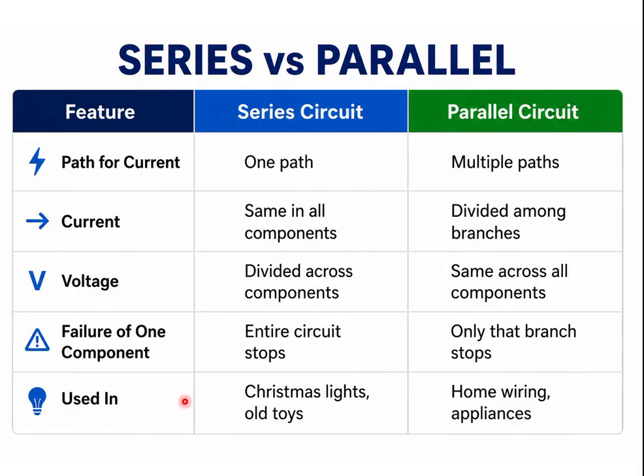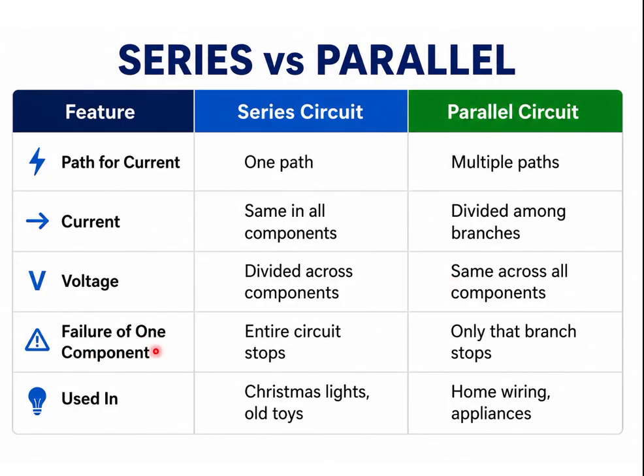And we are going to have a little comparison between series and parallel circuits. Path for current: series has just one path, parallel has multiple paths. Now current, the same current flows in all components in case of series, while in parallel, it is divided among the branches. For voltage, the voltage is divided across different components in series, and in the case of parallel, the voltage is the same.